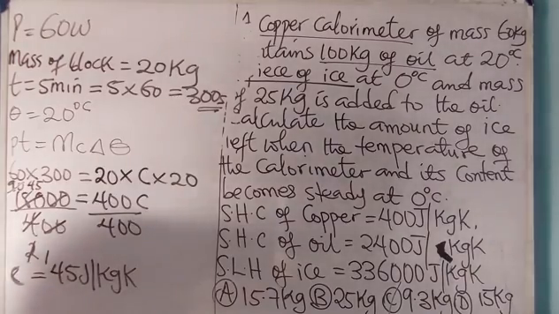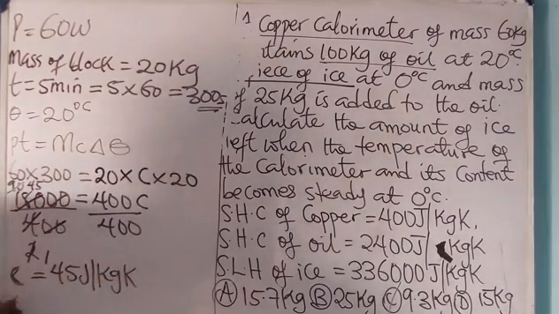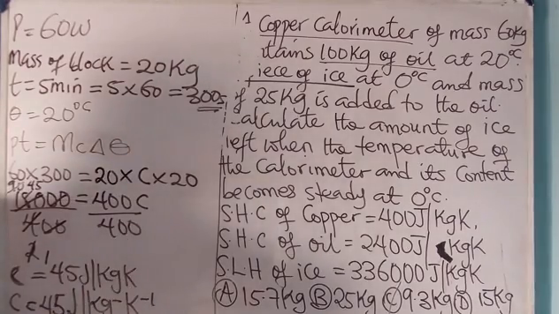If I don't want to write the SI unit like this, I can say that specific capacity is 45 joules per kilogram per Kelvin, like this. I can also write it like this, okay? Or no, there's no need to write this.